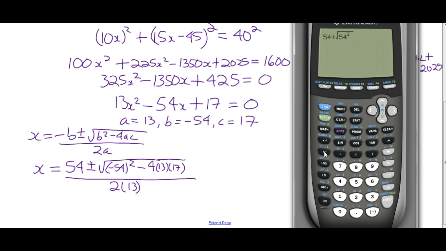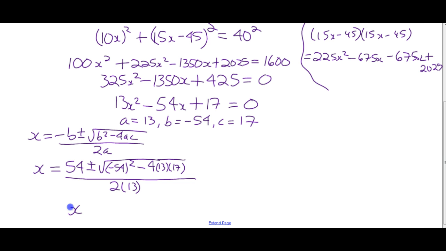It's 54 squared. Negative 54 squared is the same as 54 squared. Okay? Minus 4 times 13 times 17, right? So that's the top. 54 plus the root of whatever. Enter. So it's 99, right? And then what are we going to divide that by? 26. Okay, 3.81. So let's write x equals 3.81.